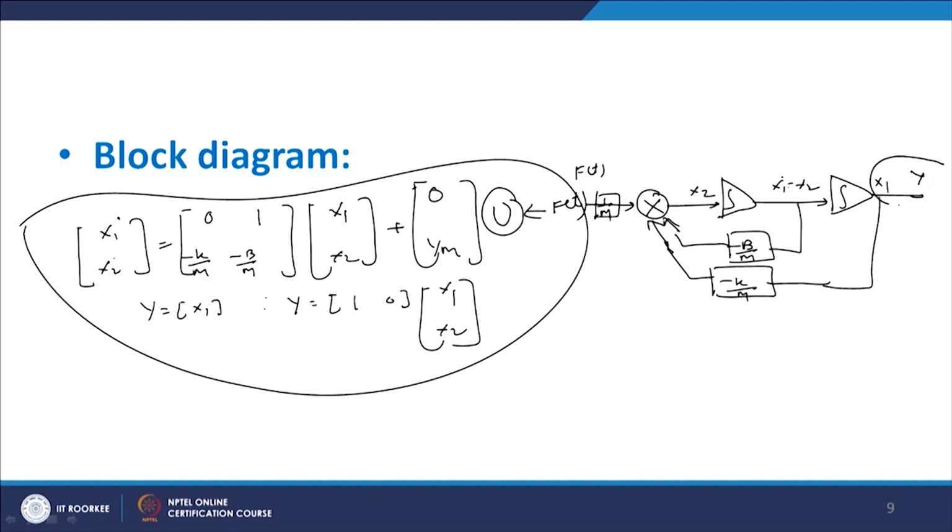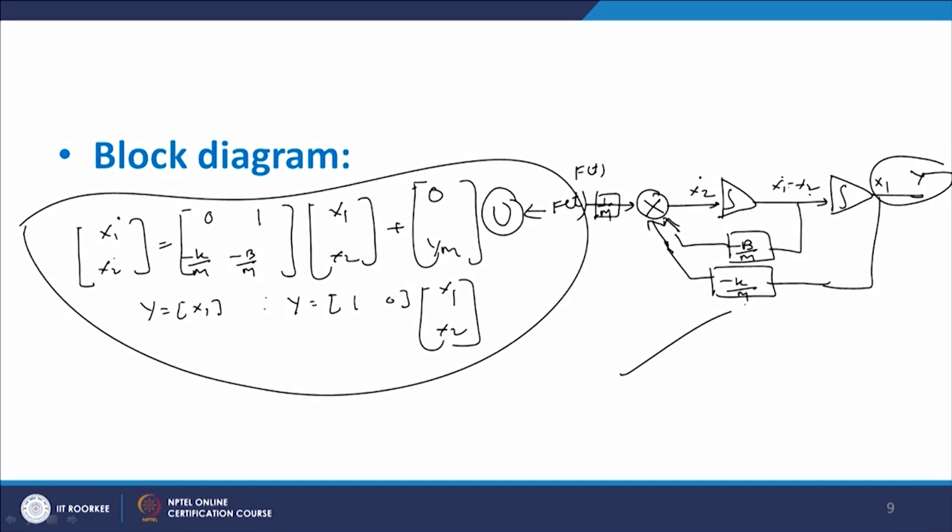So, y equal to x1, and x2 dot equal to minus b by m into x2, minus k by m into x1, plus 1 by m into f of t. So, this is a state space model as well as the block diagram of a mechanical system.